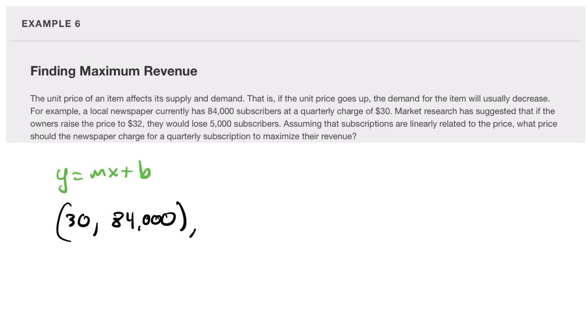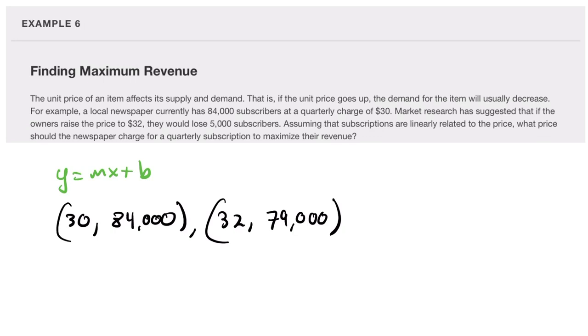Then the research suggests that if we charge $32, we're going to lose 5,000. So that's going to put us at 79,000 subscribers. To maximize their revenue, it says, assuming that the subscriptions are linearly related to the price, we want to maximize the revenue, the money generated.